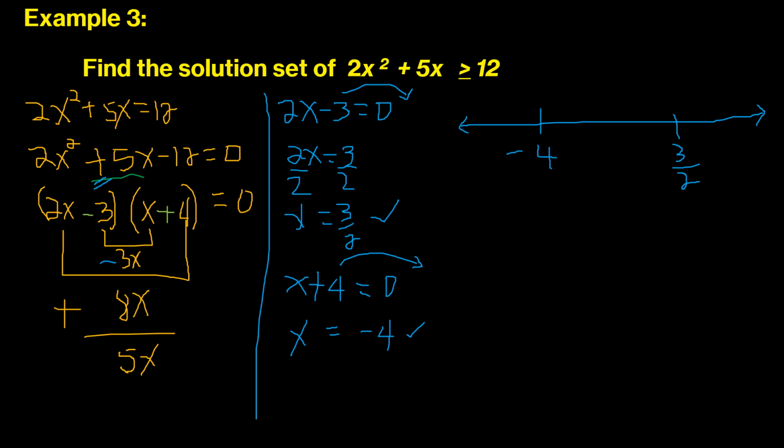The region found at the left of the first boundary, negative 4; the region found between the two boundaries, between negative 4 and positive 3 halves; and the region found at the right of 3 halves. Now let's test which region satisfies our inequality.